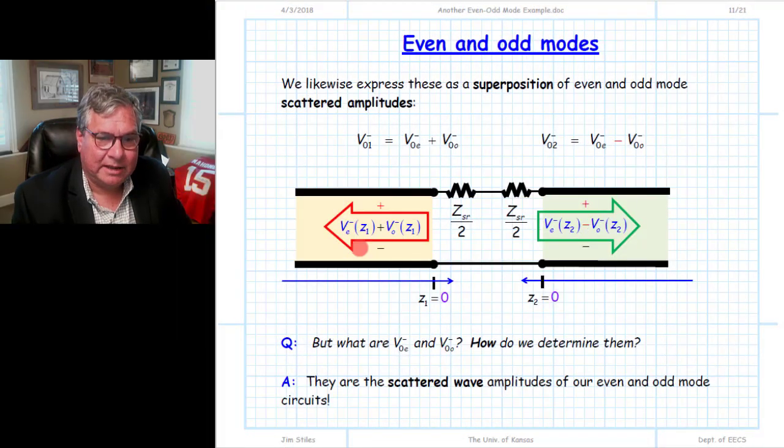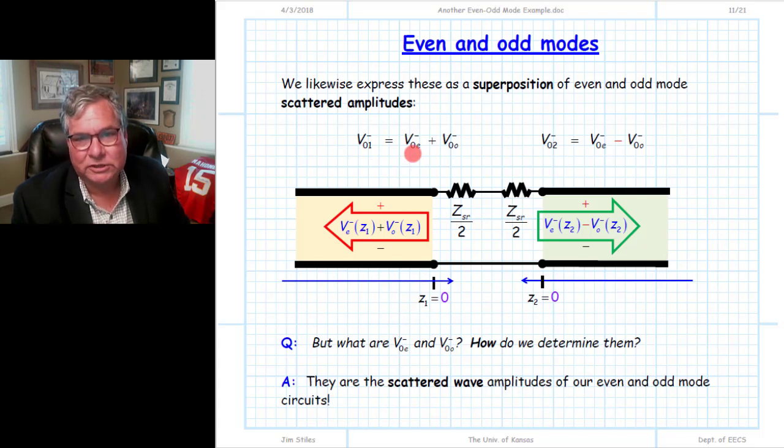So we're going to take the wave amplitude of the scattered wave, the minus going wave on the left side, and rewrite it in terms of a wave amplitude, one portion which is an even mode wave amplitude and the other being an odd mode wave amplitude. On the right side, that wave amplitude of the scattered wave, the minus wave over here, and I've written it correctly with a minus superscript in this case, will not be the sum of the even and odd mode as it was on the left side.